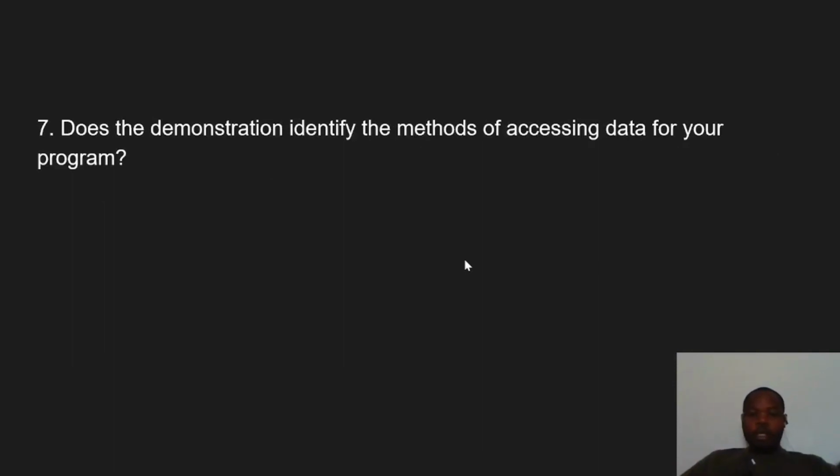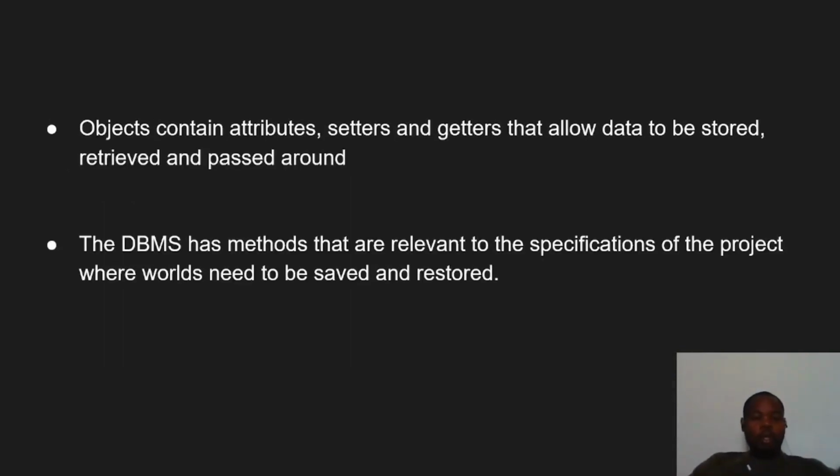Does the demonstration identify the methods of accessing data for your program? So there are two things that were done. One was to create objects that contain attributes, setters and getters for specific data that allow that data to be stored, retrieved, and then passed around.